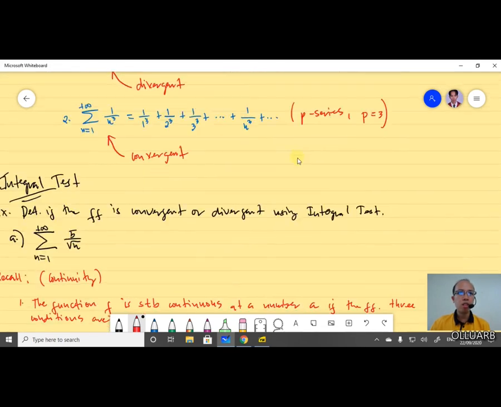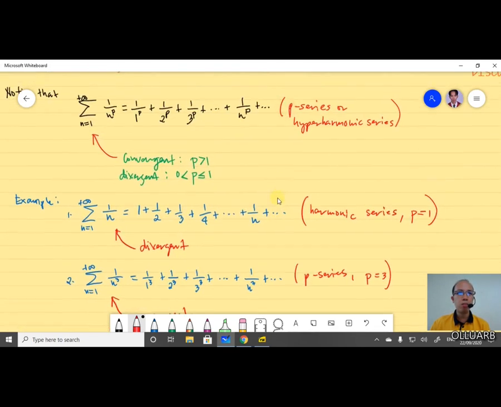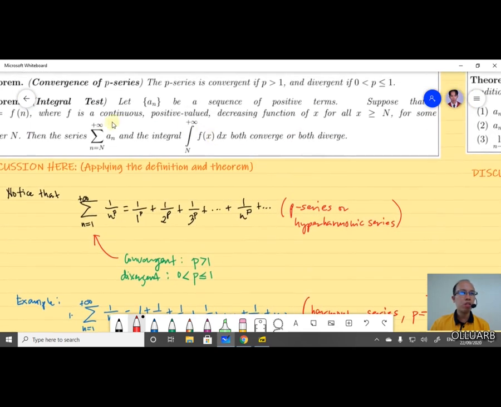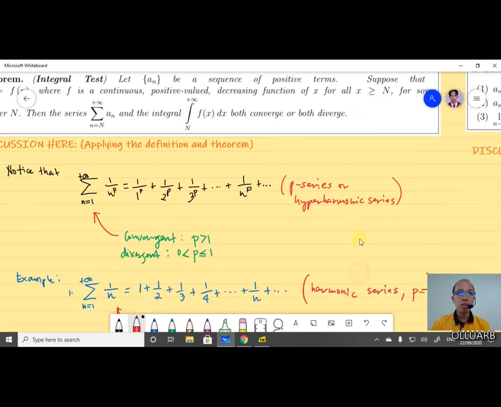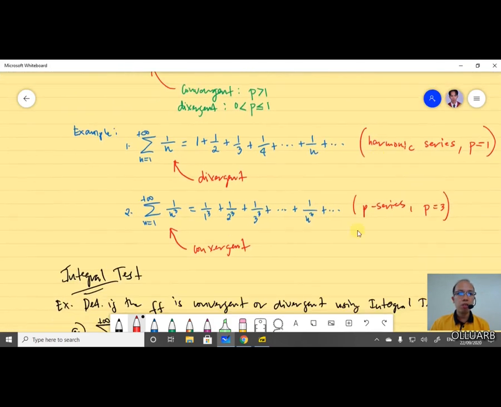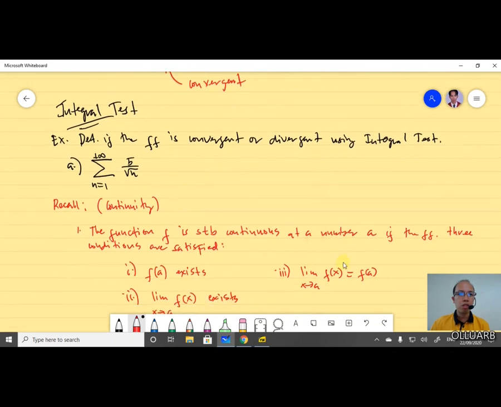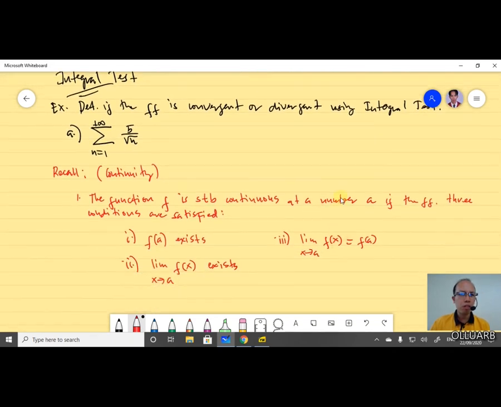As you can see in the theorem, it must be continuous not only at a number a, but for all x greater than or equal to N. So that's how you show the function is continuous on a given interval.